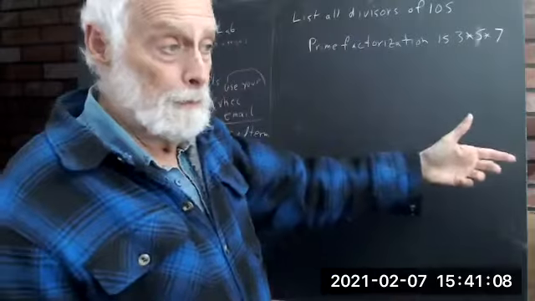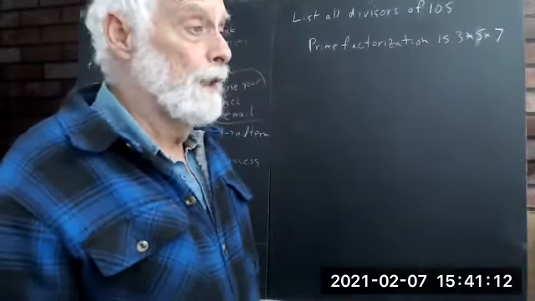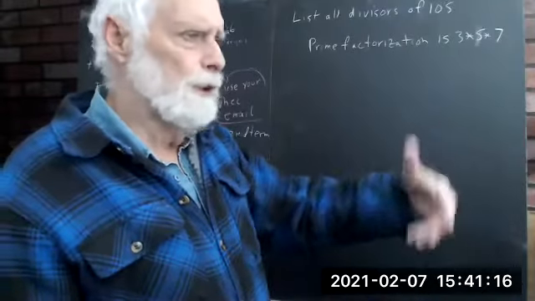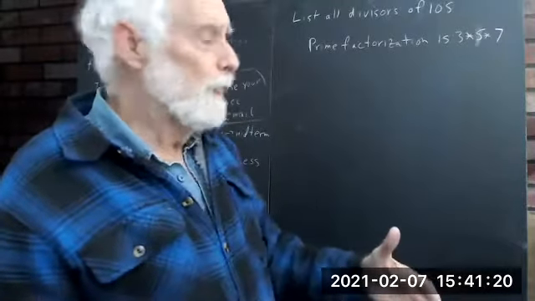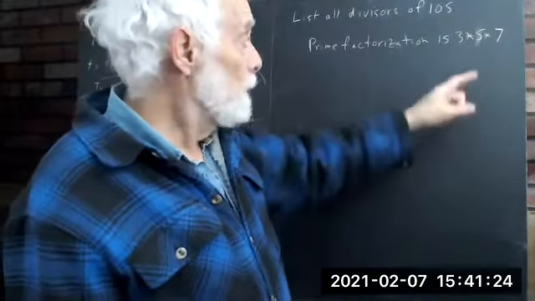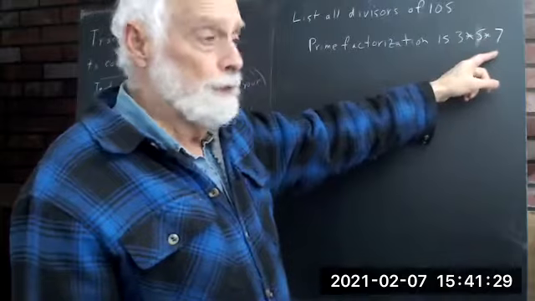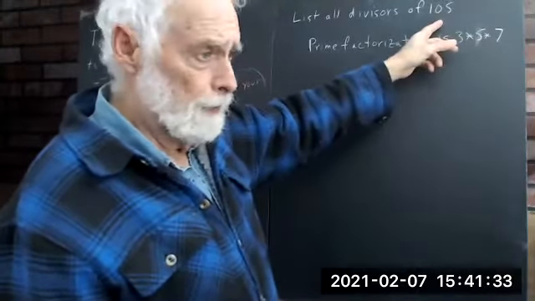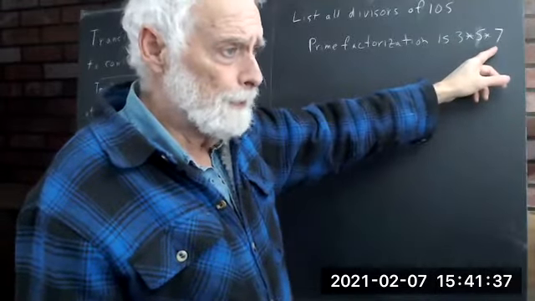Divide it by 3. Well, yeah, 3 times 35 is 105. Now you've got 35. Divide that by 3. Doesn't work. 3 goes into 36, doesn't go into 35. Then try dividing 35 by 5. Well, yeah, 35 is 5 times 7. And now 3, 5, and 7 are all prime, so 3 times 5 times 7 equals 105. And this is your unique prime decomposition.